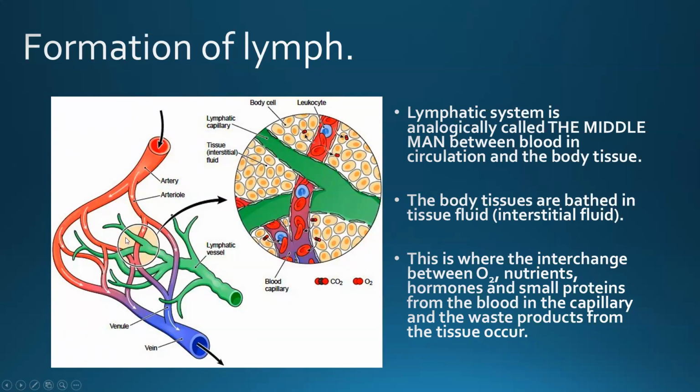The body tissue is the tissue outside the capillary. They are all bathed in the tissue fluid, which is what we call interstitial fluid or blood plasma. This is where the oxygen or gases, the nutrients, hormones, and small proteins from the blood in the capillaries and the waste products from the tissue are exchanged, at this level.